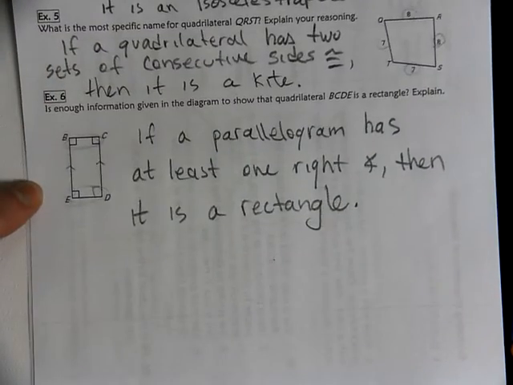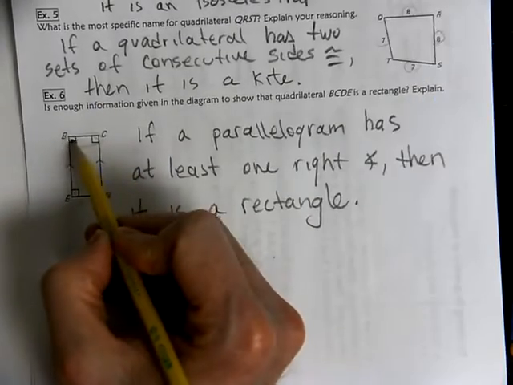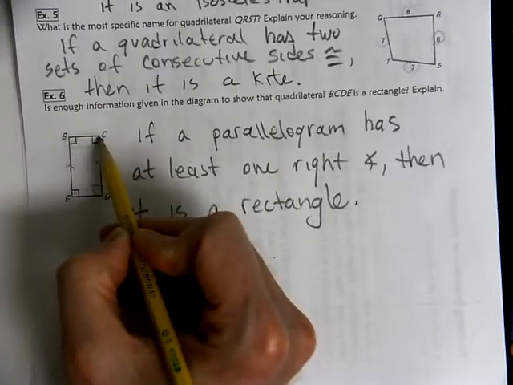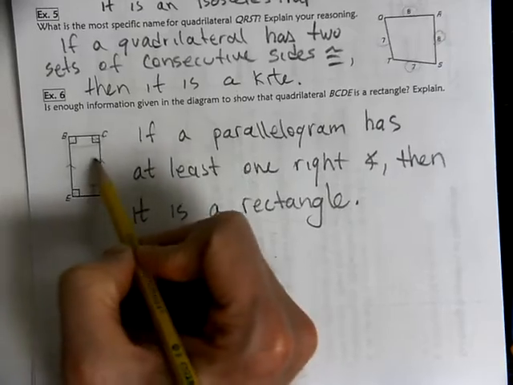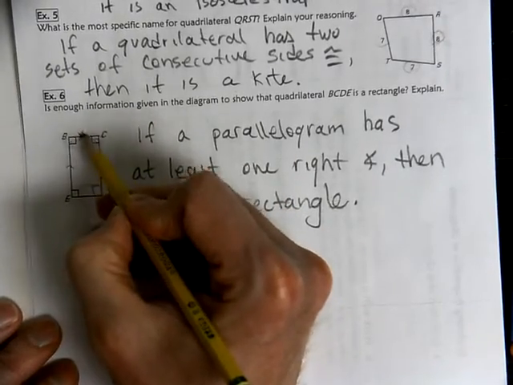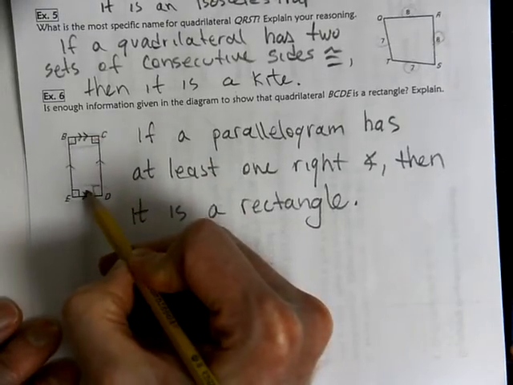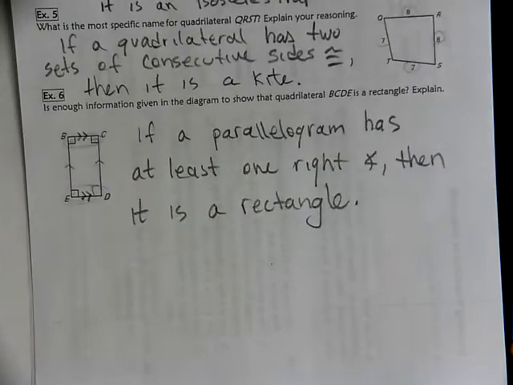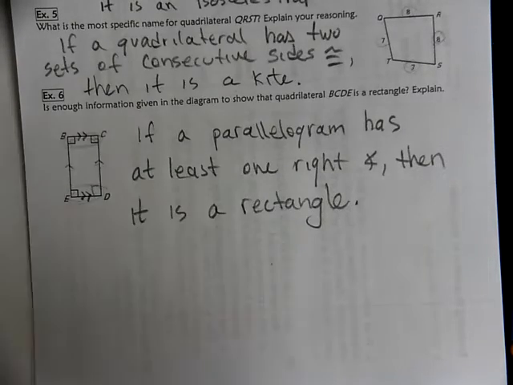Okay, we know this is a trapezoid. We know this is a parallelogram because it has one set of consecutive angles congruent and another set of consecutive angles congruent. So we know it's a parallelogram. And it has at least one right angle. If you had one, then you can prove the rest.